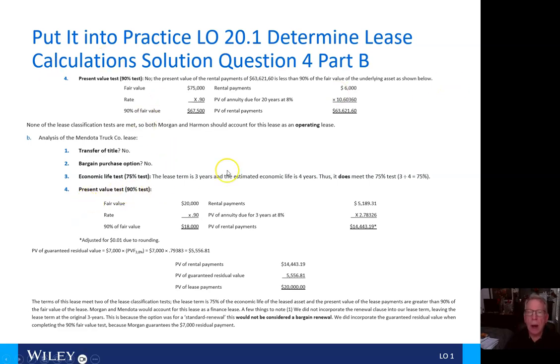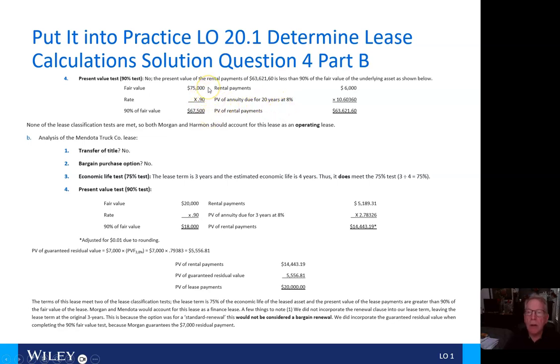Okay, so now we'll take a look at the present value test. The present value test, that's the 90% test. No, the present value of the rental payments, which are $63,621.60, is less than 90% of the fair value of the underlying asset as shown below.